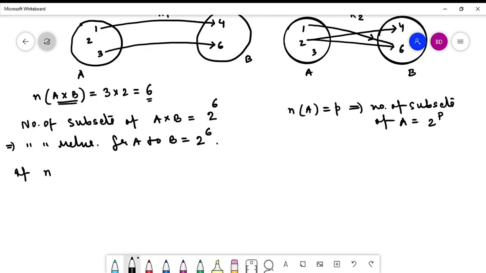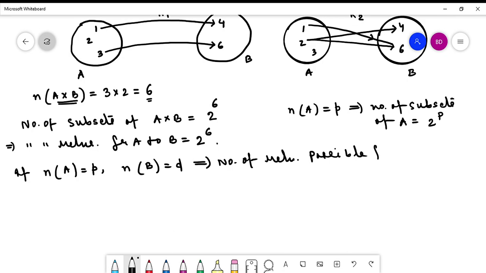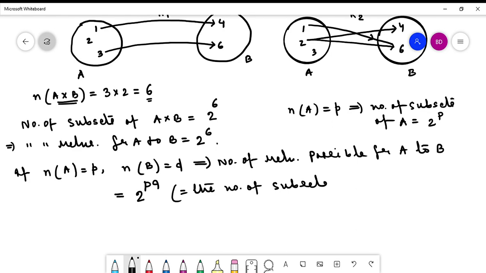If the number of elements in A is P and the number of elements in B is Q, then the number of relations possible from A to B will be equal to 2 to the power PQ, because 2 to the power PQ is actually the number of subsets of A cross B. That is the reason.